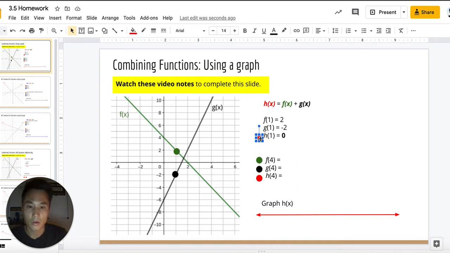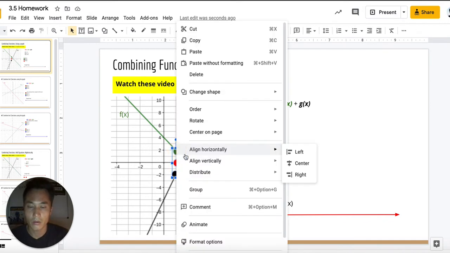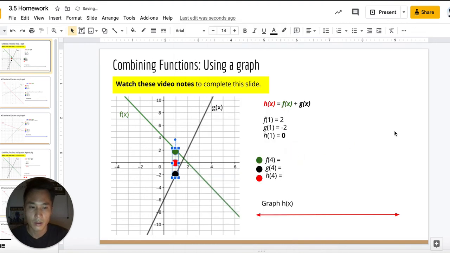So now I'm going to move this point for h of x to an x of 1 and a y of 0 right there. And if I did this correctly, all three of these should be lined up right at an x of 1.